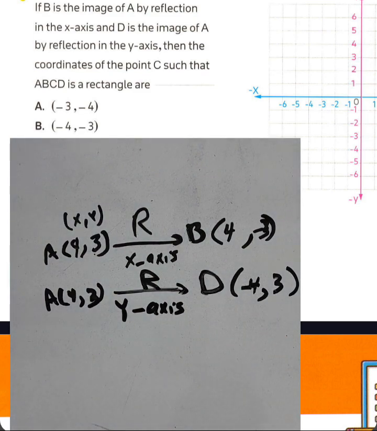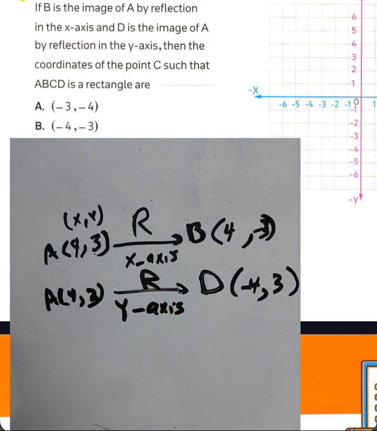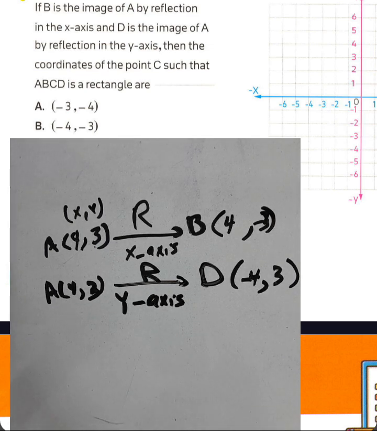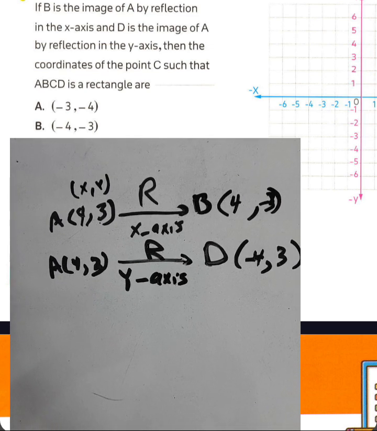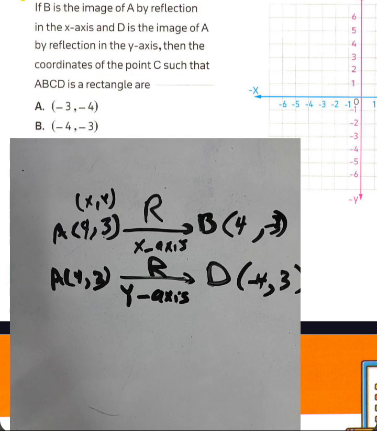Then we have points A, B, D, and he wants us to find the point C to get a rectangle. Okay, I will draw now. I will draw the graph and put the points A and B and D and ask yourself where is the point C to get a rectangle.